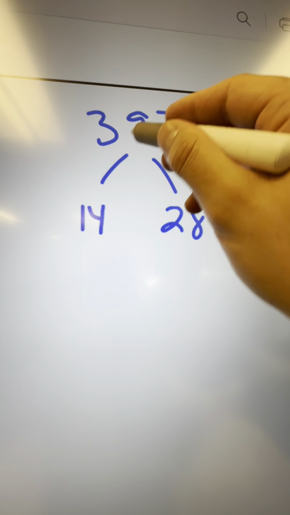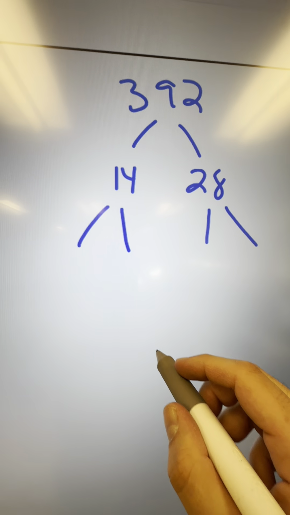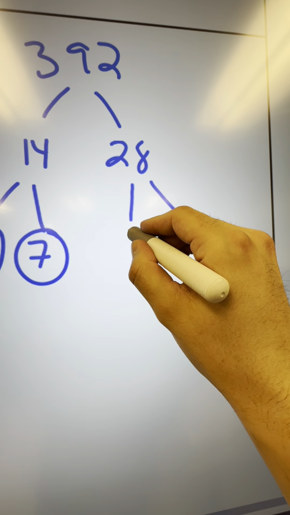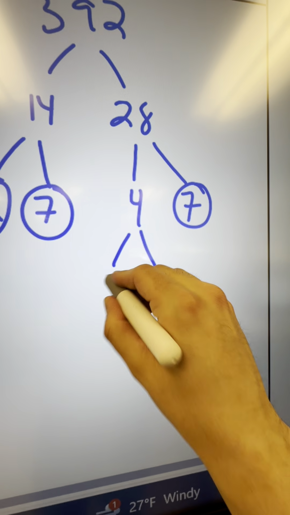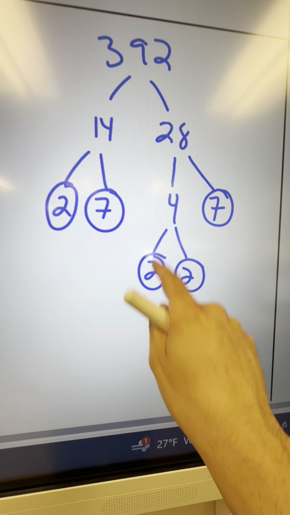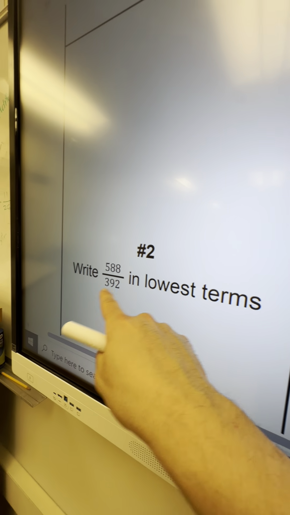Like I said before, once you start breaking it apart, numbers keep getting smaller, so it gets easier to work with. 14 is 2 times 7. These are both prime. And this would be 4 times 7. This is prime, this is not, so that becomes 2 times 2. Remember, try to keep this organized and circle your prime numbers so you know which numbers you're going to carry through in your example when you write this down.